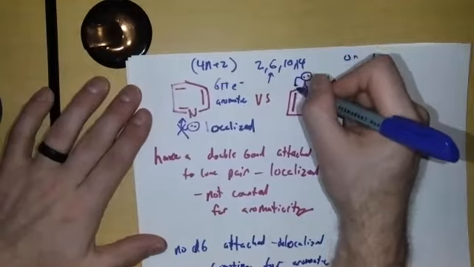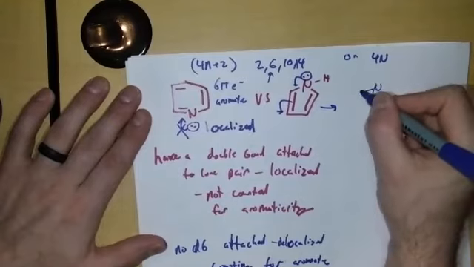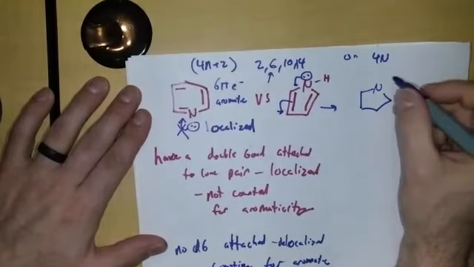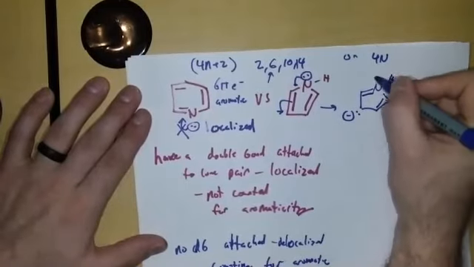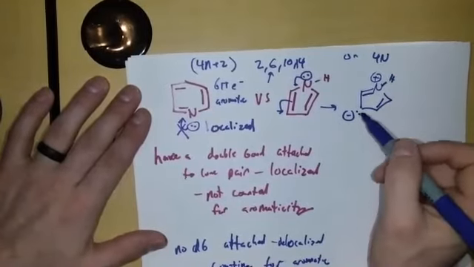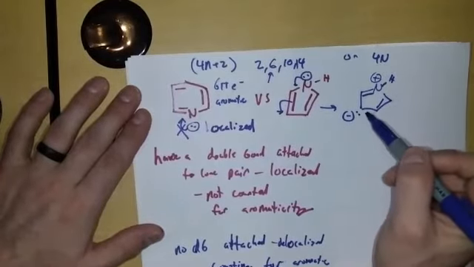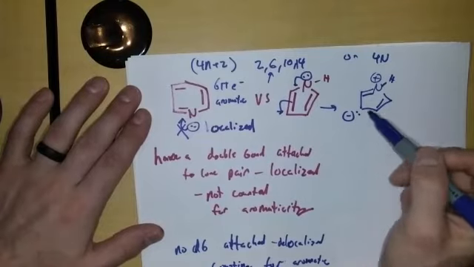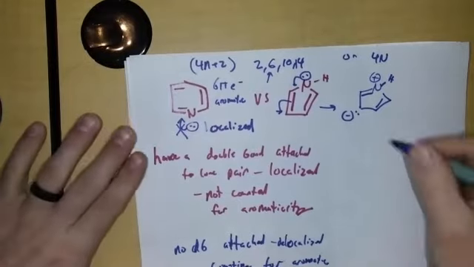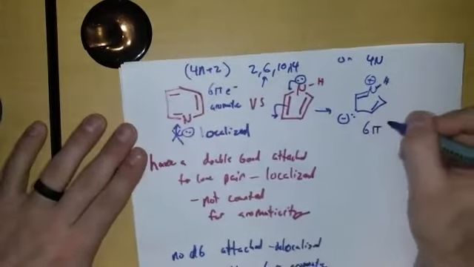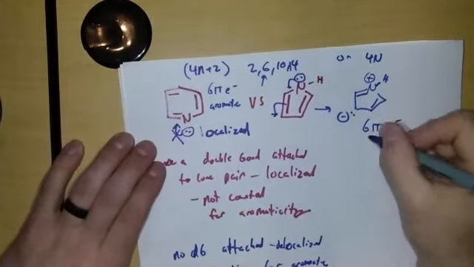I can push these electrons down. This negative can be on the carbon. We're going to end up with 2 pi bonds and 1 set of lone pairs. This is also going to be a total of 6 pi electrons, and it is going to be considered aromatic.